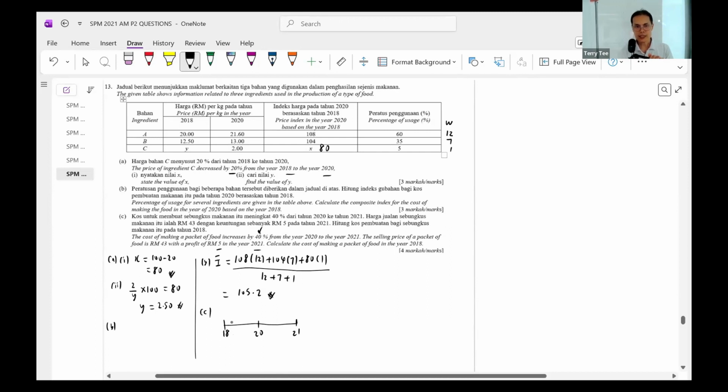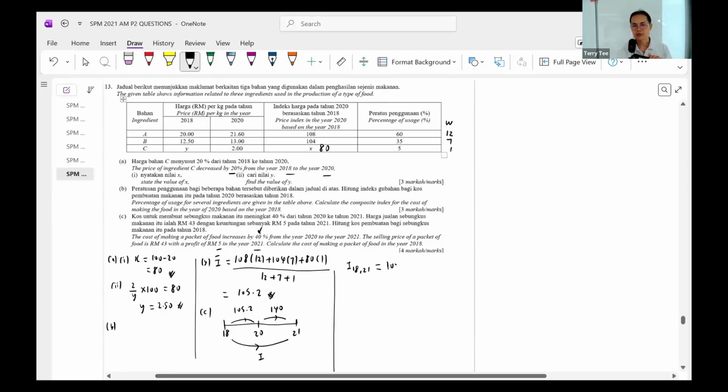Now, we know the composite index is 105.2. 105.2 means an increase by 5.2%. Then they say from 2020 to 2021, increase by 40%. So we have to find the overall increment, from 2018 to 2021. How you write this is up to you. You don't even have to write this notation. I can just call it I, the overall increment.